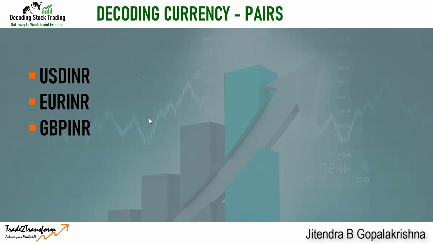Third is GBP and INR, which is Great Britain pound sterling and INR. Then the last one is Japanese yen and INR. These are the four pairs which are available to trade in Indian NSE's currency segment.